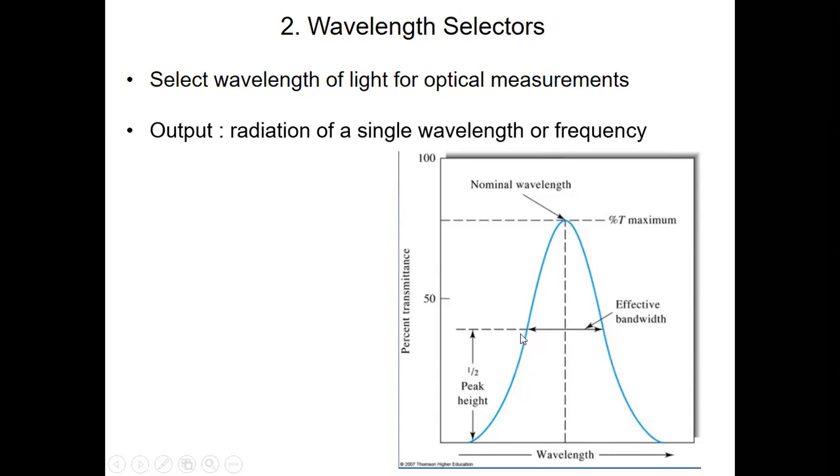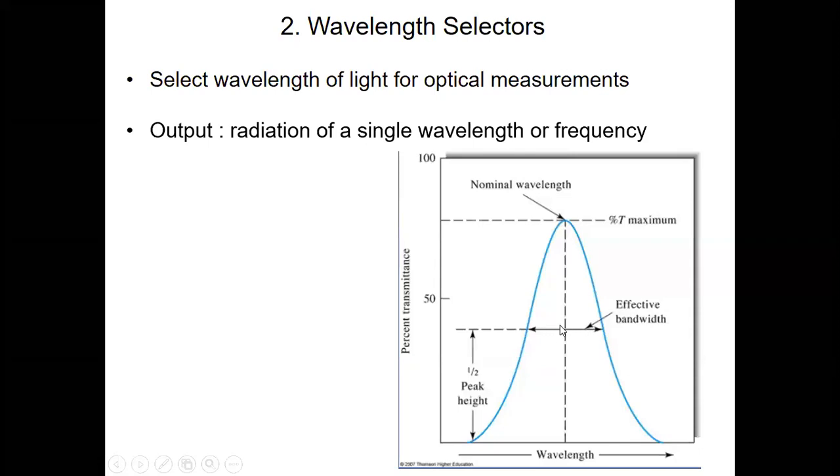So here is the effective bandwidth. Effective bandwidth means the bandwidth of this peak at half peak height, right? So the width of the band at half the peak height is called the effective bandwidth.